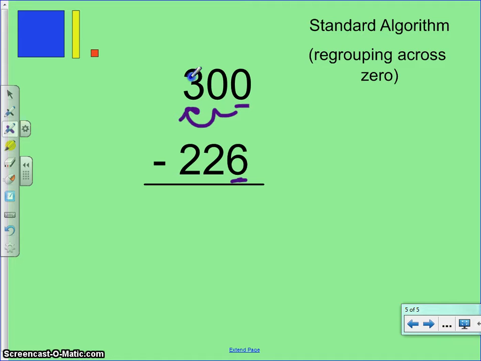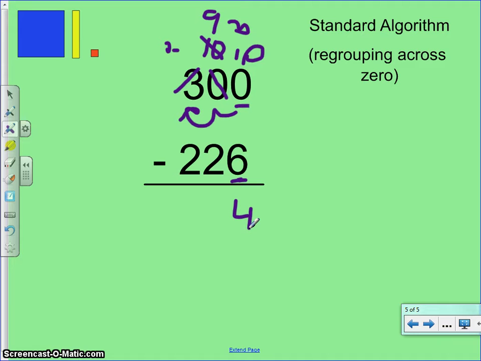So my 300, I turn that into 200, and I borrow 100, and I turn that into 10 tens, because remember, 100 equals 10 tens, so I can go ahead and put those 10 tens into my tens place. Then I have to regroup again and borrow one of those 10 tens and put it into my ones place as 10 ones.